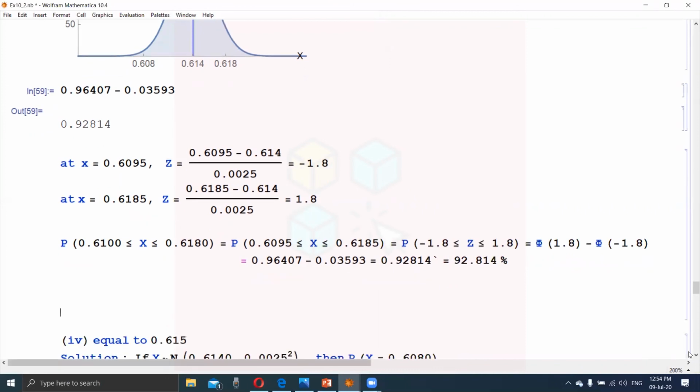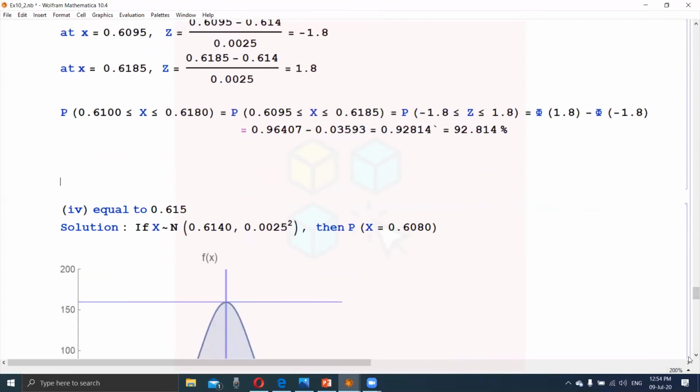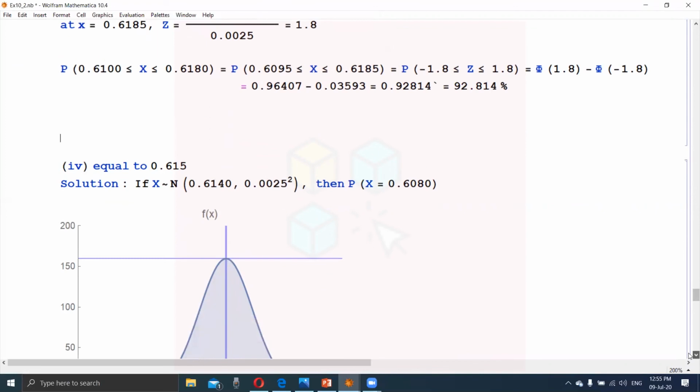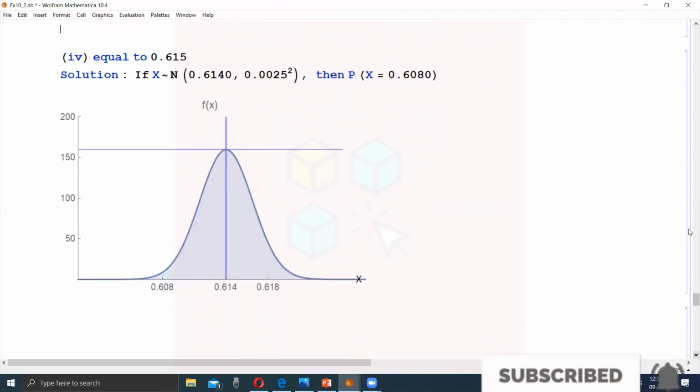Whenever we have to find the probability in the continuous variable, probability x is equal to any point, it is always equal to 0. The probability in a continuous random variable at a specific point is always equal to 0.